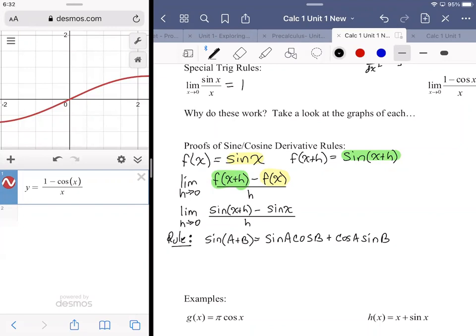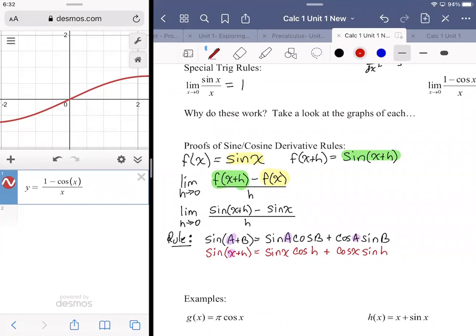All right, so if you line that up with a sine of x plus h, you'd swap out every A for an x and every B for an h. And it's a sine of x cosine of h plus cosine of x sine of h.